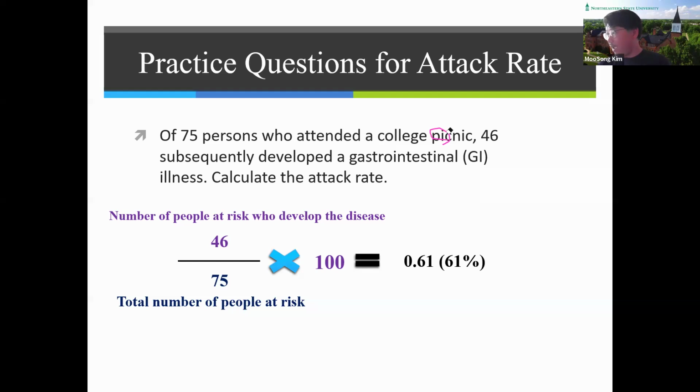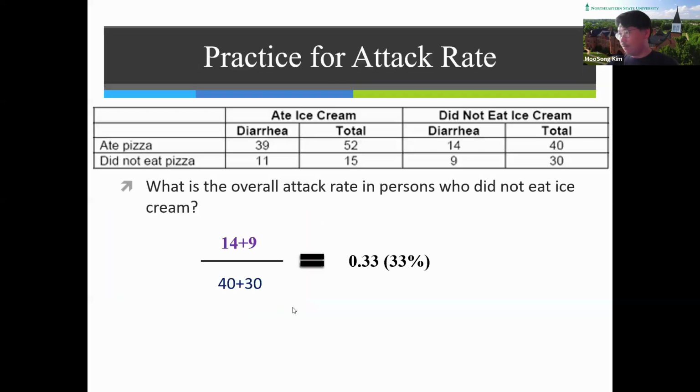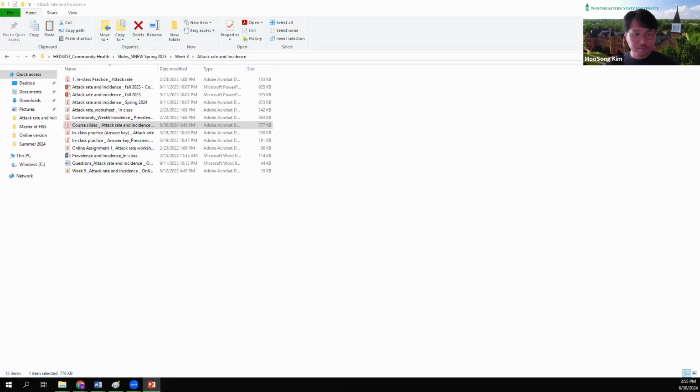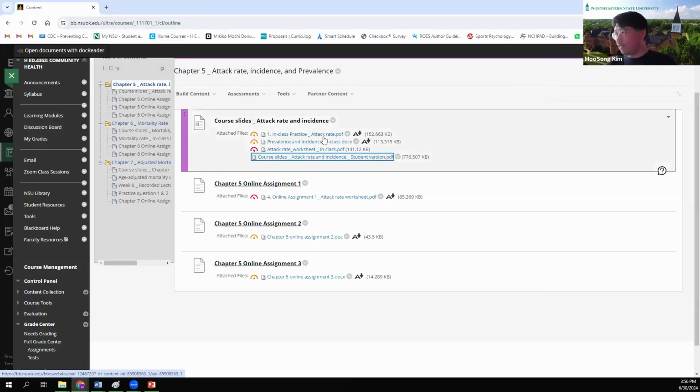Okay, I actually have some practice questions. You go to Blackboard, then modules. We have a practice question for this in-class practice on attack rate.